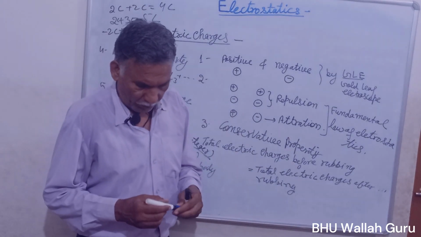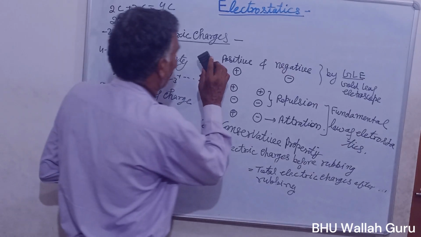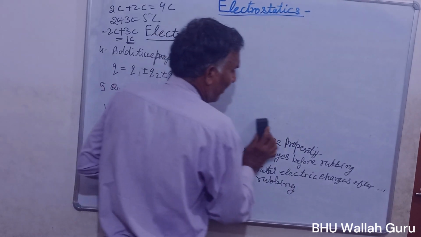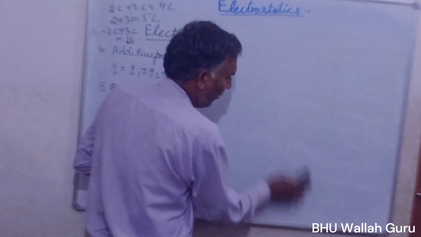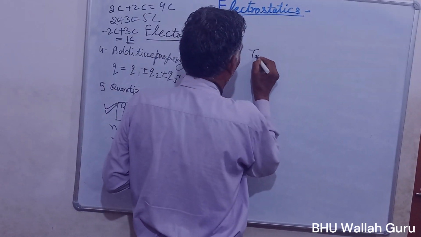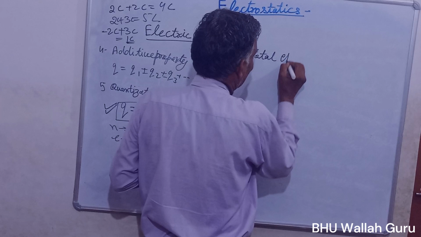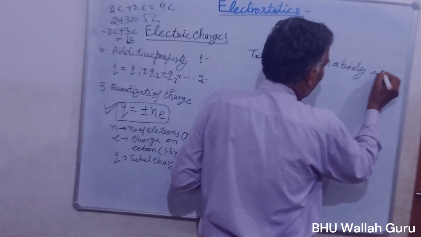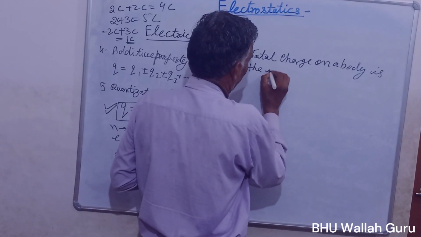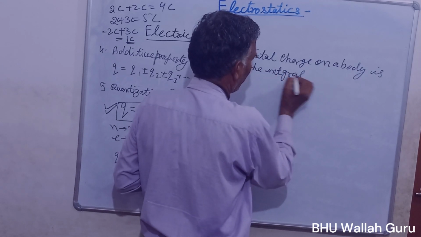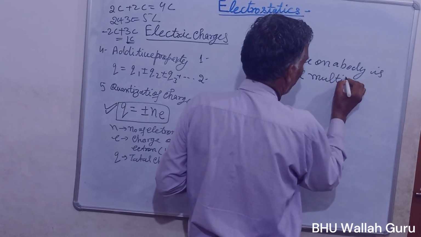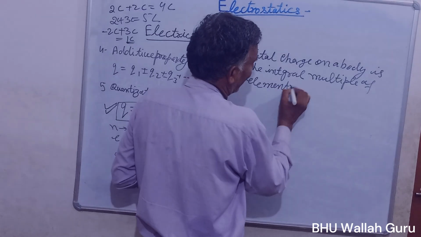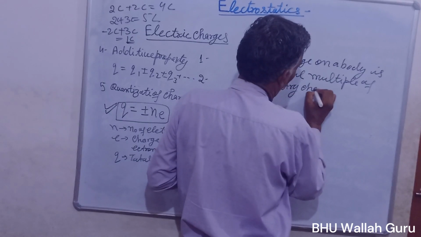So quantization of electric charge is stated in the form that the total charge on a body is an integral multiple of the elementary charge e.